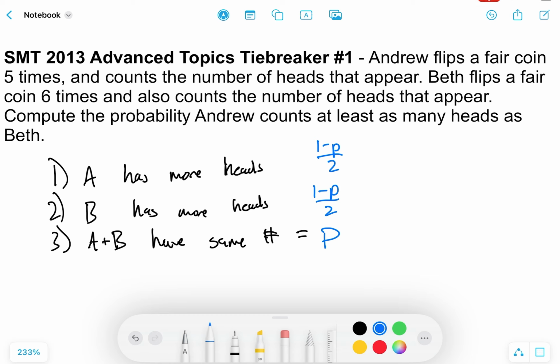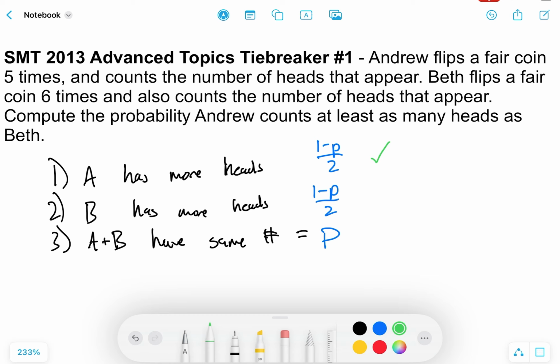So what happens when we flip her 6th coin in case 1, where Andrew has more heads? Well, if Andrew has more heads, then no matter what Beth does, if she gets tails or if she gets heads, Andrew's going to have at least as many heads as Beth. So this case is great.